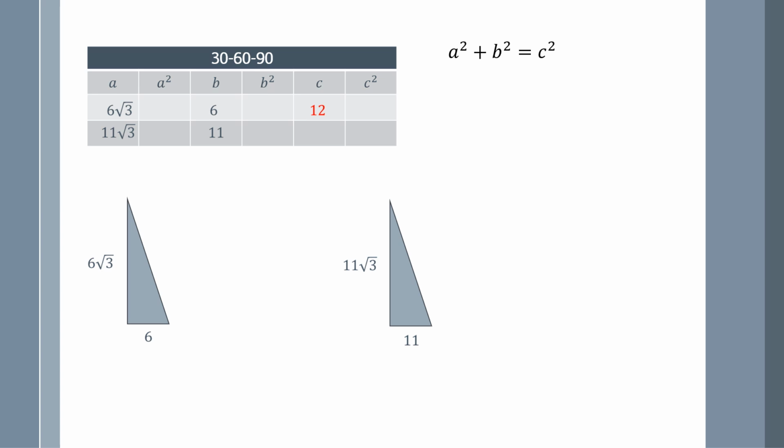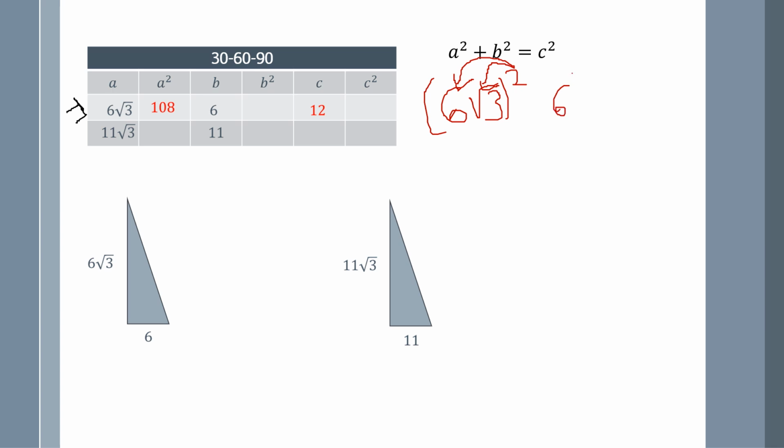Alright, so let's do the first row. We know if a is 6 square root 3, a squared is going to be 108 because when you square 6 square root 3, you distribute the exponent of 2 into the square root and distribute that exponent of 2 to 6.